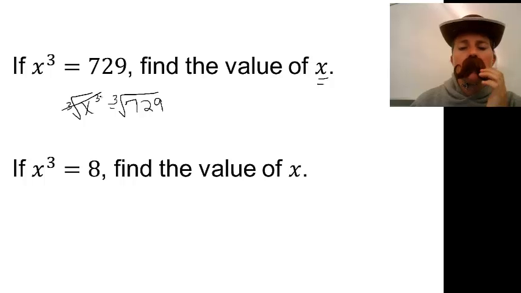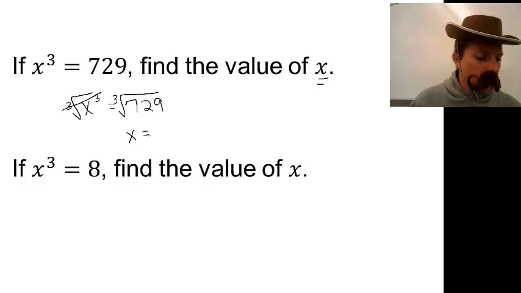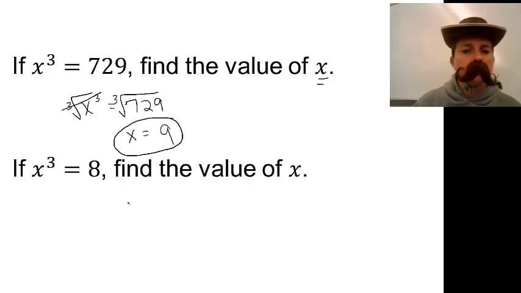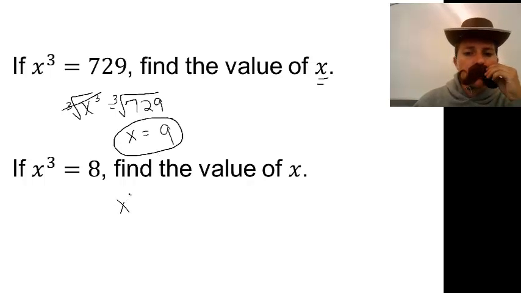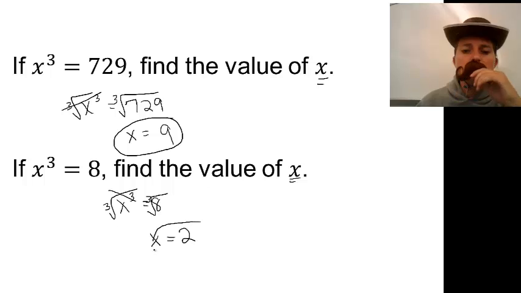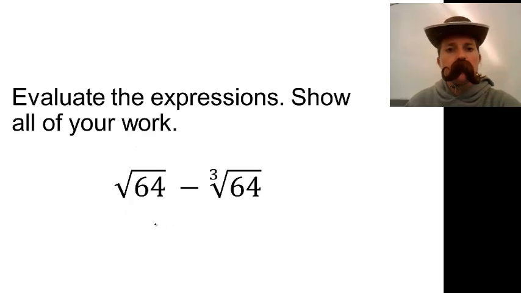So these cancel each other out, and you're left with an x, and you're going to plug it in, 729, and you get x equals 9. If x cubed equals 8, find the value of x. To get rid of this, you're going to do the cube root, and x equals 2. It's a 2. Pretty cool, huh?